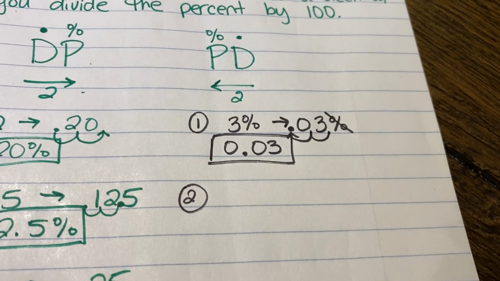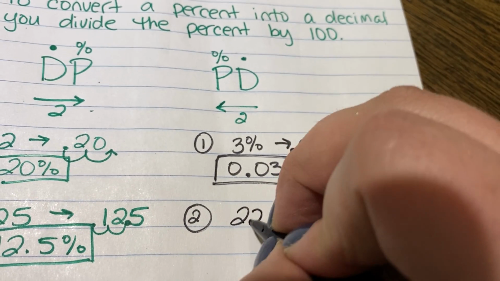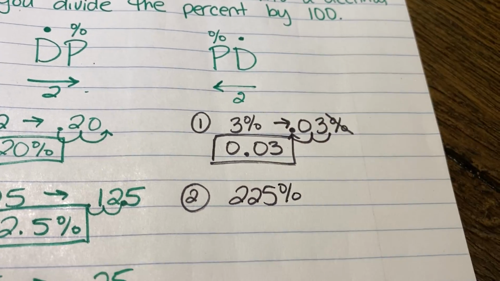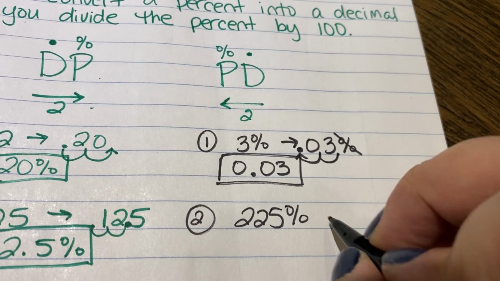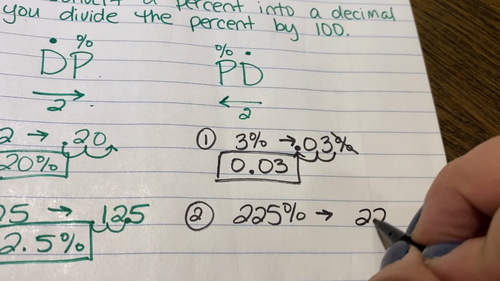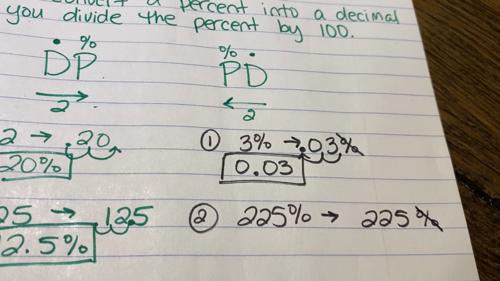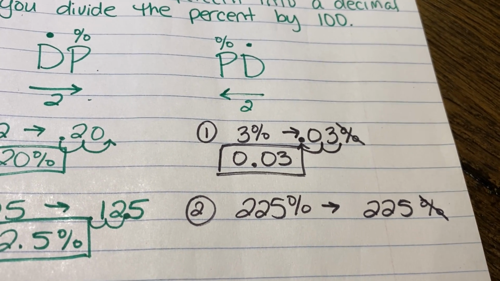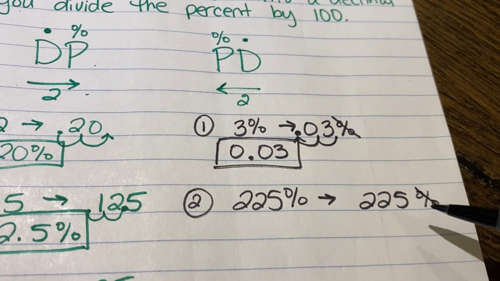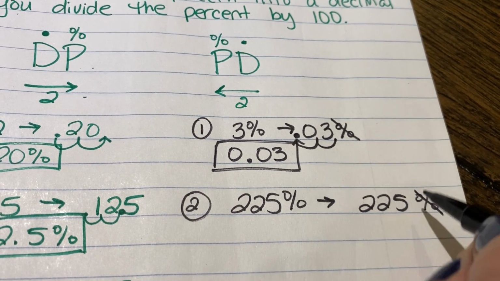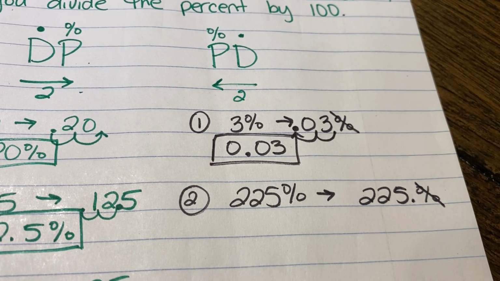Example 2, 225%. So again, we start off with the number 225%. Don't need the percent anymore because we're changing it into a decimal. But again, we notice that we don't have a decimal to move, so we have to place it at the back of the number because that doesn't change anything.